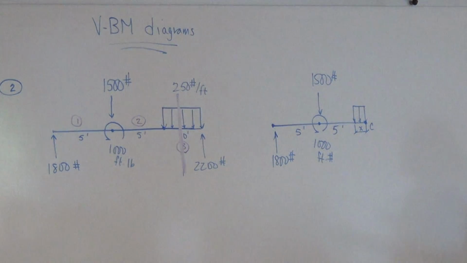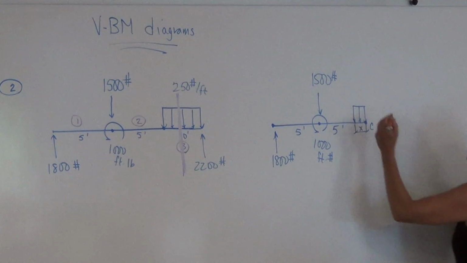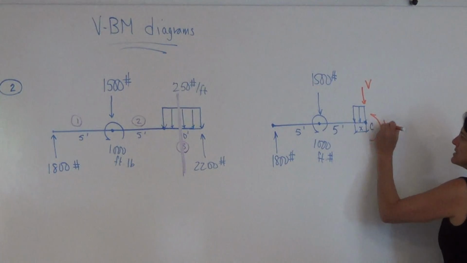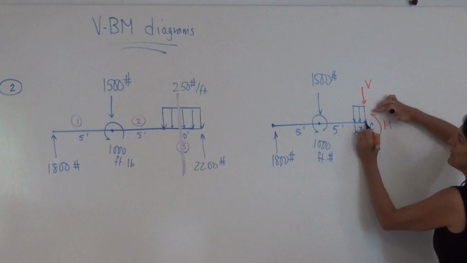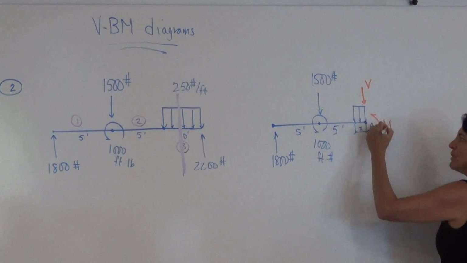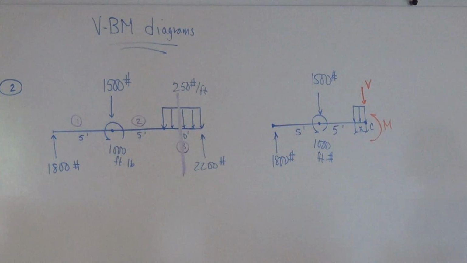So the sign convention, to get the drawings that we want, is to put the shear going down and put the moment like this. Because I'm cutting it, I'm putting a shear force and a moment at the cut so I can calculate what the shear and the moment is at that point.